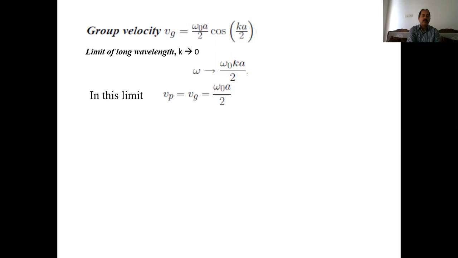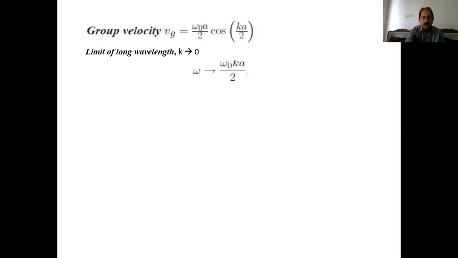Here we get the maximum velocity in the limit of very long wavelength, where both the phase velocity and group velocity are ω0 a/2. Again, one point here: you see that the phase velocity or group velocity depends on the interatomic distance. If the interatomic distance is more, then the phase velocity and group velocity are more.